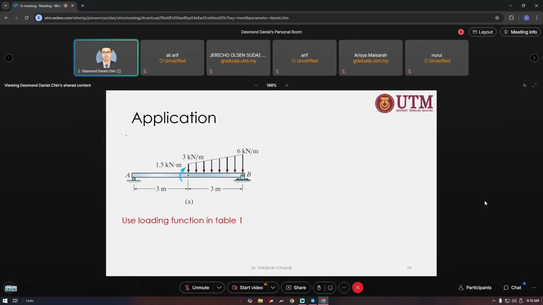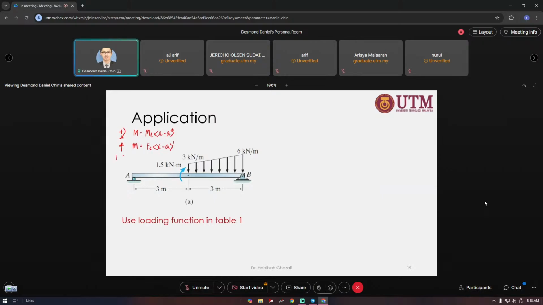For a positive moment, if the moment is in such a direction, then we have the equation M equals M-naught times the bracket x minus a to the power of 0. If you have a point load pointing upward, then M equals P times the bracket x minus a to the power of 1.